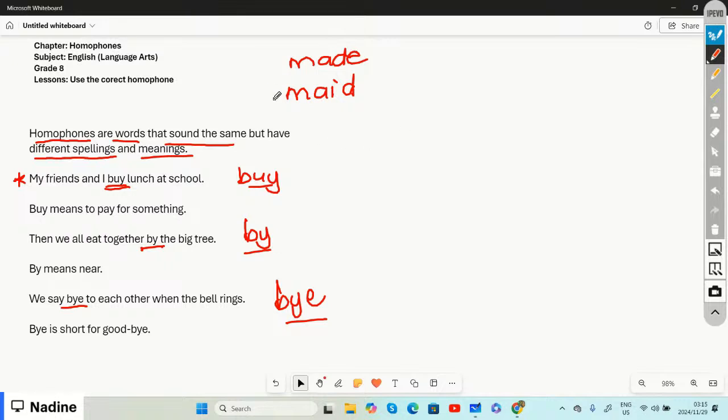And the second word maid is a person or a woman who basically works in your house. They're maybe doing the cleaning, the ironing, and just working in the house.